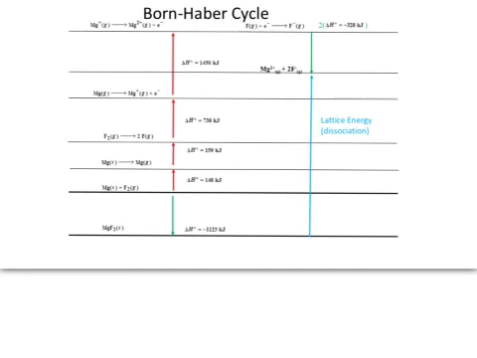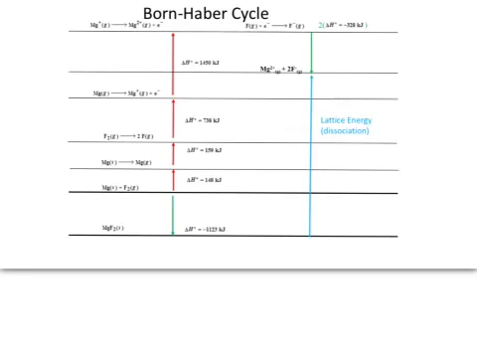So this difference that we have from our products going to the individual ions as gases is what we call the lattice energy. And like I said, in specific, this is dissociation because we're going from the crystalline solid to the individual ions as gases.